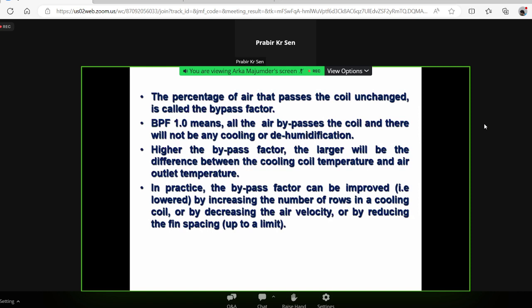But it's up to a limit. We cannot increase it to 100 fins per inch length. It will have two problems. One is excessive resistance in the air path because of so many fins.